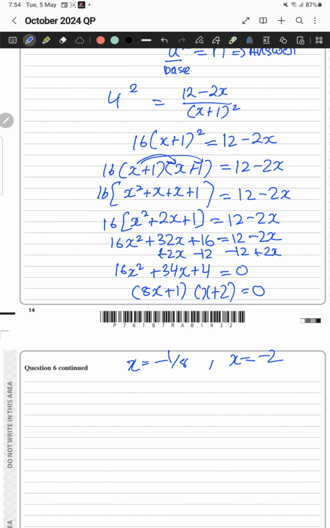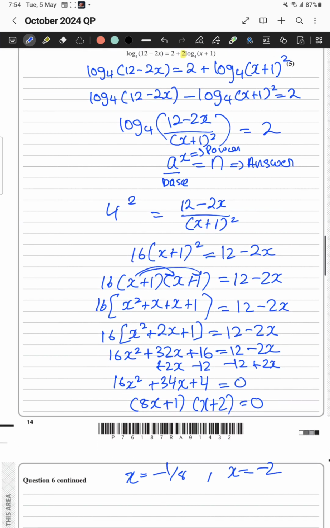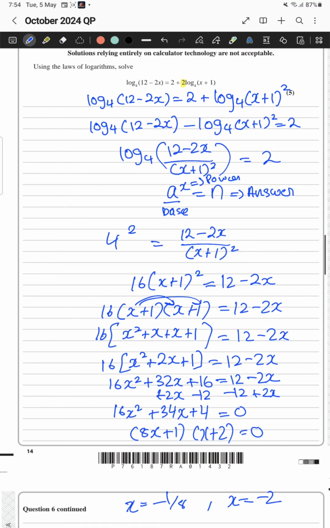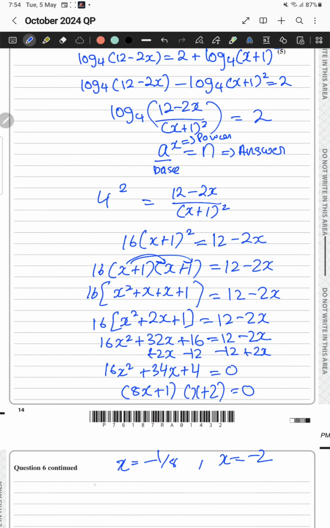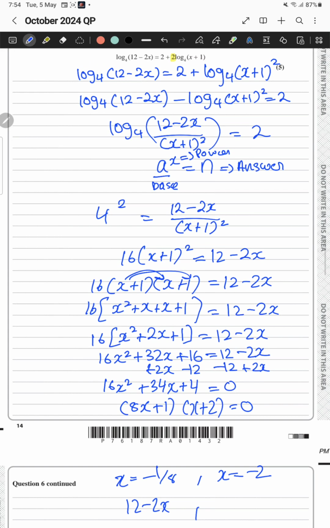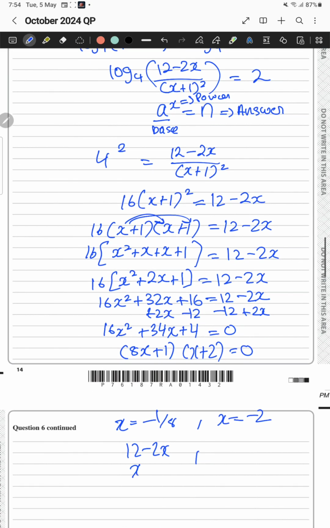This is a very important step, because in this step many people make mistakes. So now the question says we have 12 minus 2x and we have x plus 1. Substitute these x values over here. Let's see what we have. 12 minus 2 times negative 1/8, I get a positive answer.